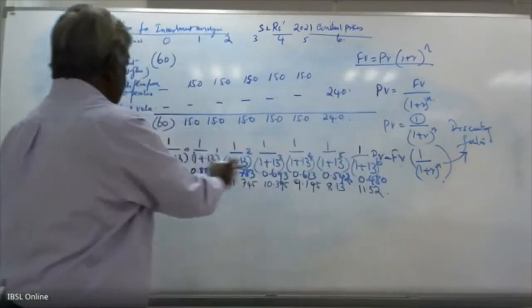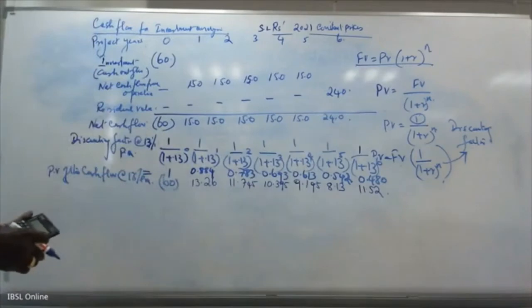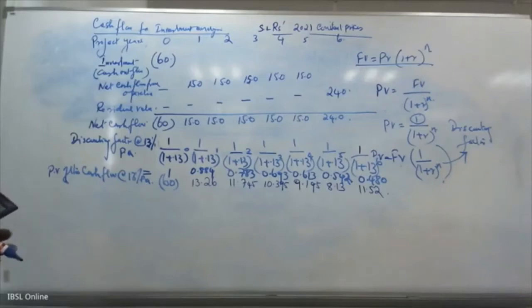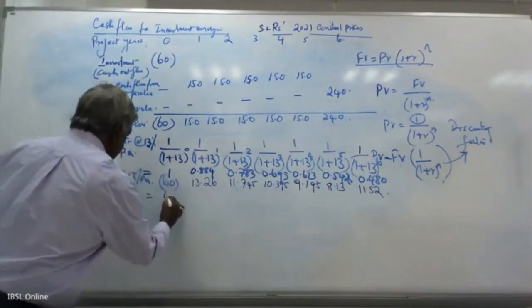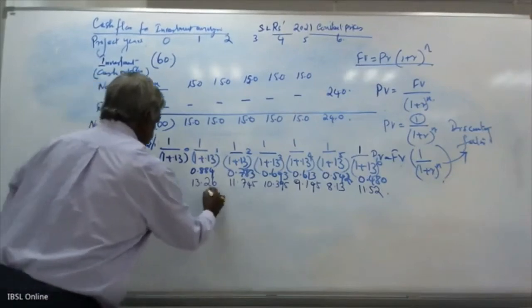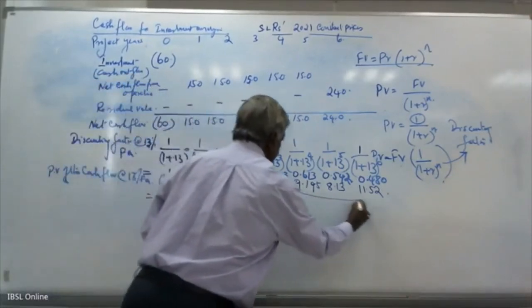Now all these values are present values. We have converted to present values. So we call it the present value of the cash flow at 13% per annum. This is equal to negative 60 million. These are all positive values.